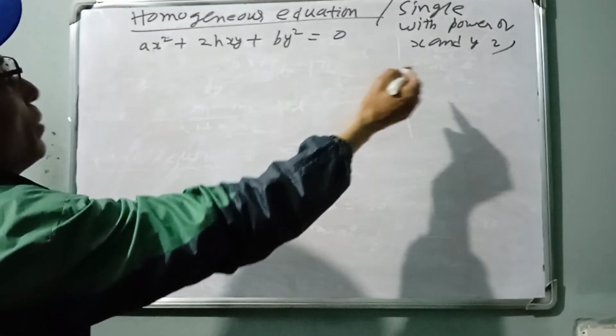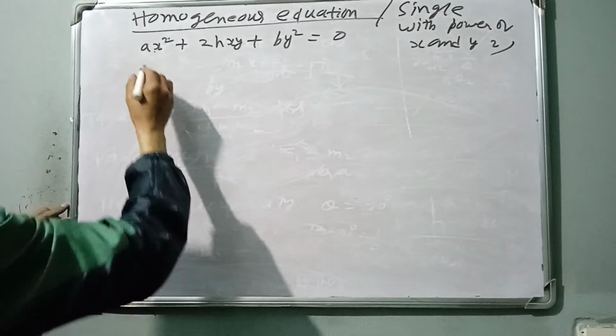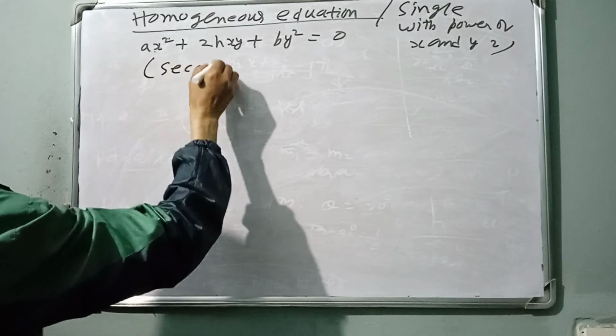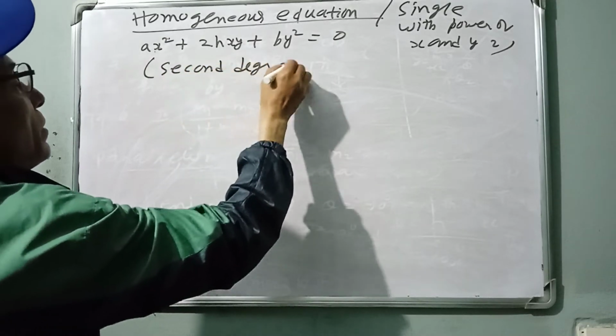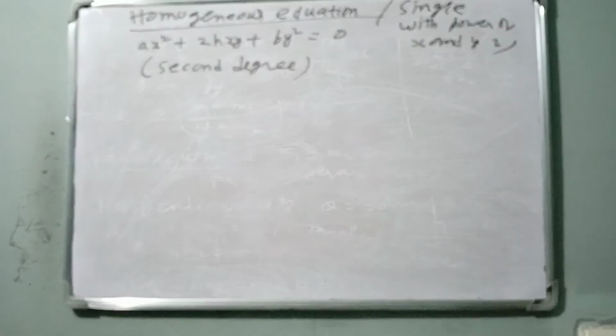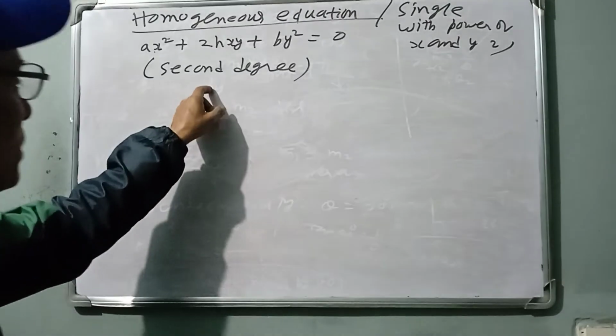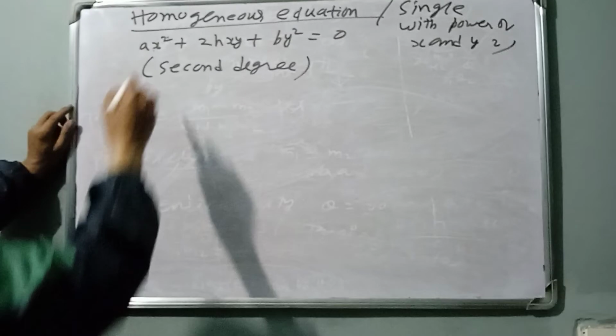Degree 2. It is called a second degree equation. First degree equation, linear. Second degree equation, homogeneous or single equation. What is the angle between them?